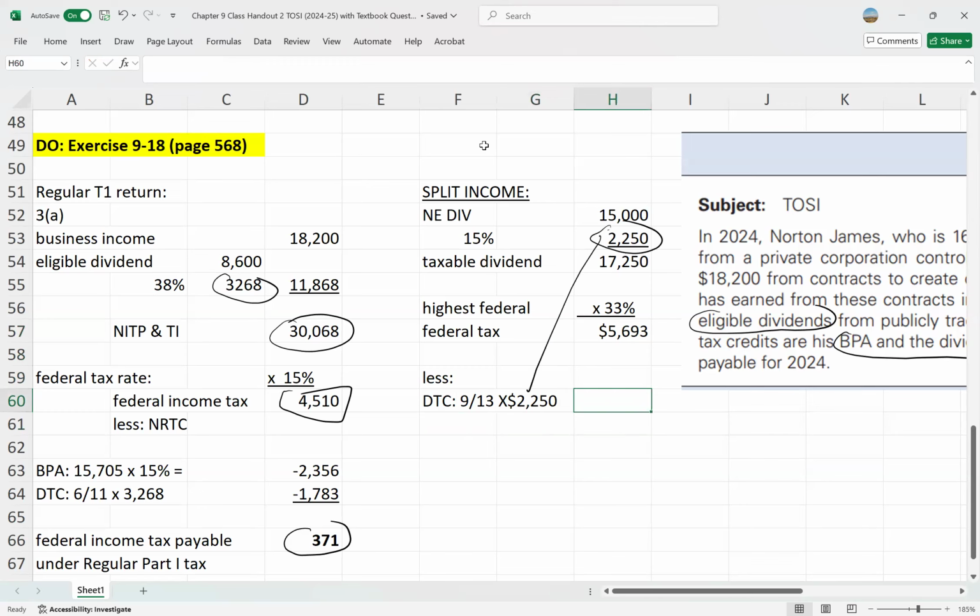So the dividend tax credit will work out to be 1,558. And so the federal income tax on the split income is 5,693 minus 1,558, which is 4,135.